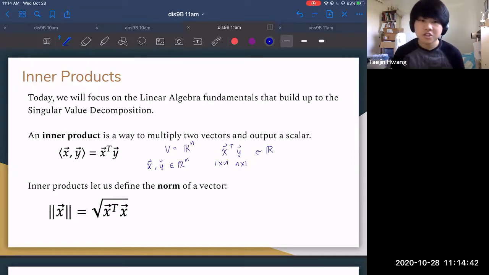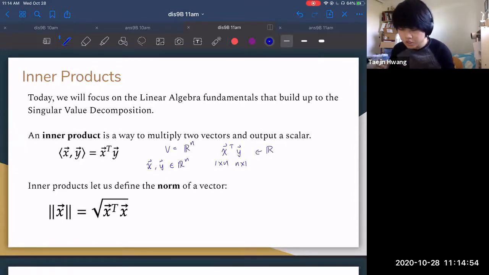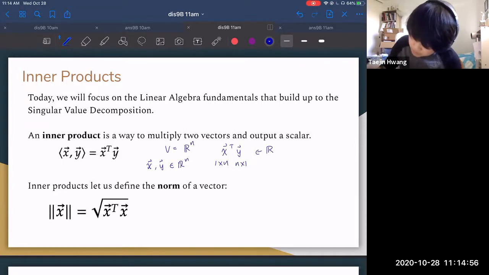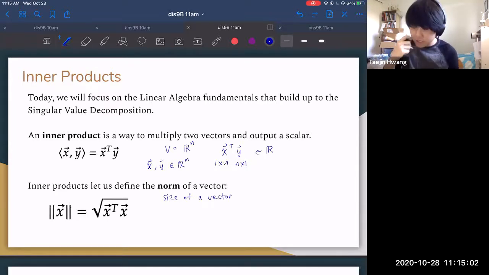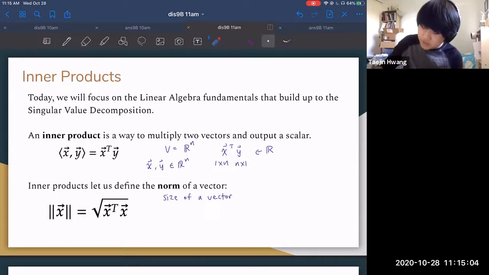Inner products, like multiplication of vectors, let us define the norm of a vector. The norm of a vector geometrically tells us how big a vector is, or the size of a vector. We do this by defining the norm of x as the square root of x transpose x.